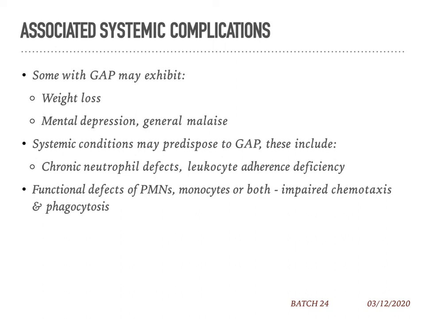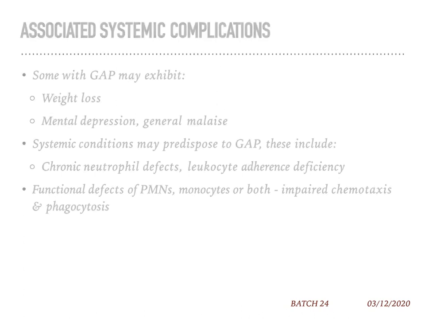Usually it will be self-limited once the host mechanisms start acting against the AA. If the host mechanism does not act against AA because of the functional defect, even in the monocyte, then there will be progression of disease which results in generalized aggressive periodontitis.